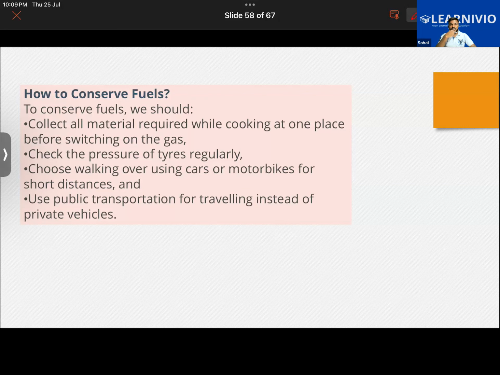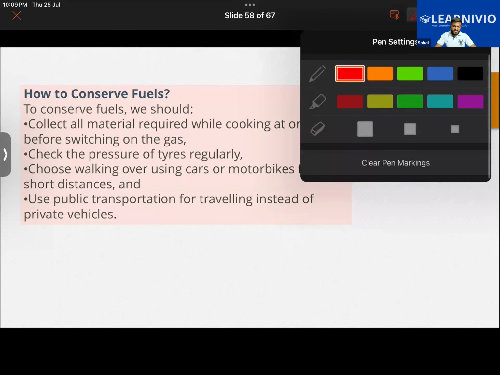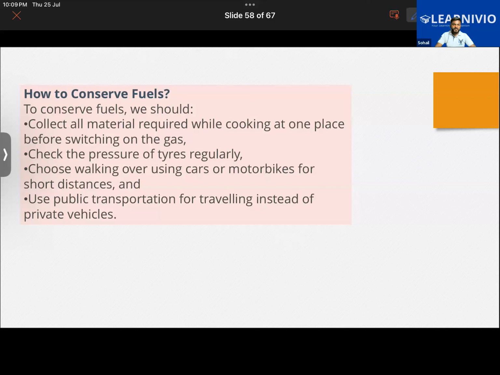And how they can improve the efficiency of different products obtained from petroleum, and what kind of alternate fuels we can adopt which are much cleaner and affordable as well. So how can we conserve fuel on an individual basis? If I were to ask you, Ibrahim, as a responsible citizen, what would you do in order to conserve fuel?